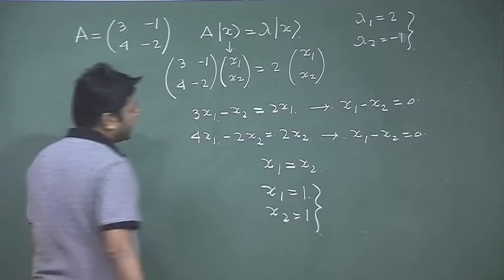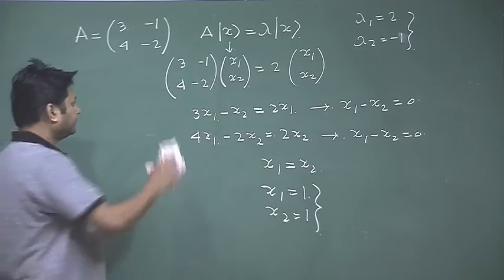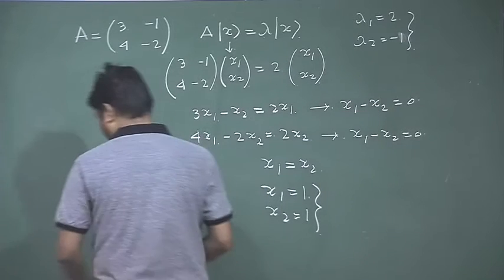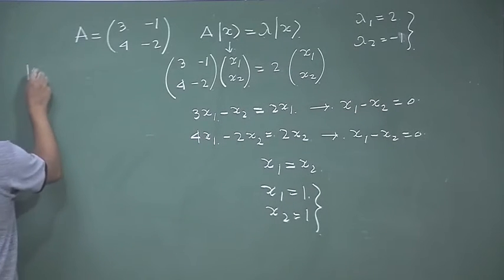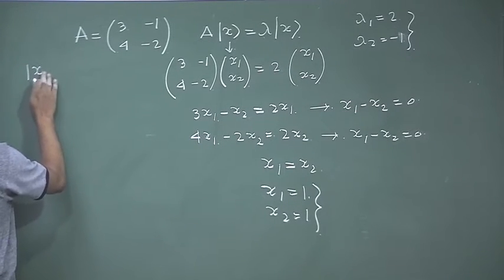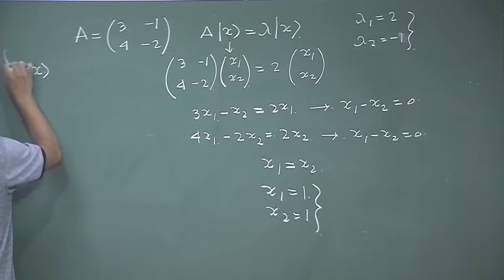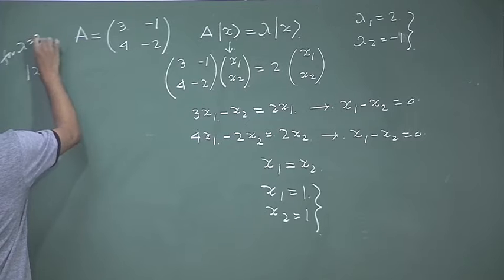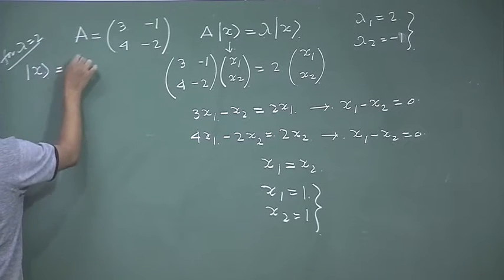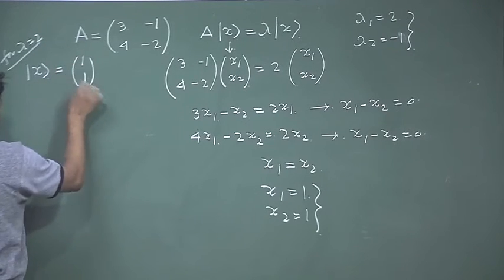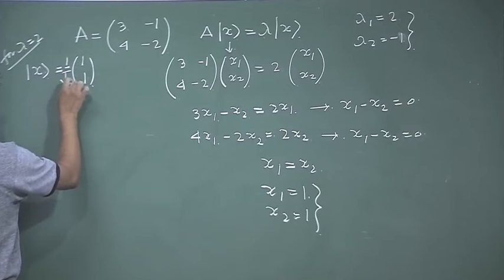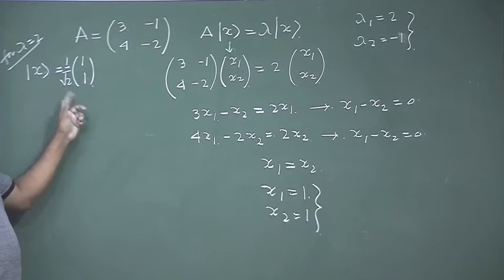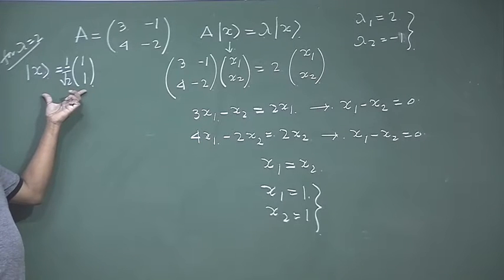So my first eigenvector for lambda equal to 2 is 1 1. I normalize that, so I make it 1 over root 2. So this is my first eigenvector.